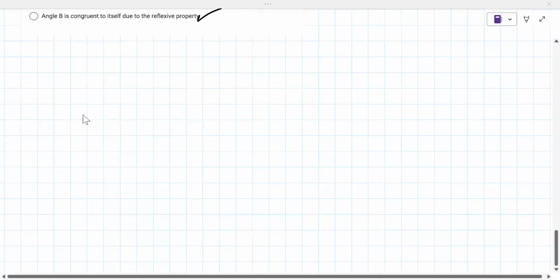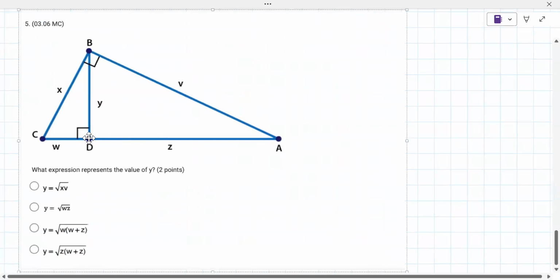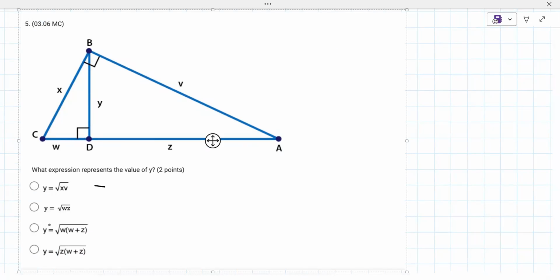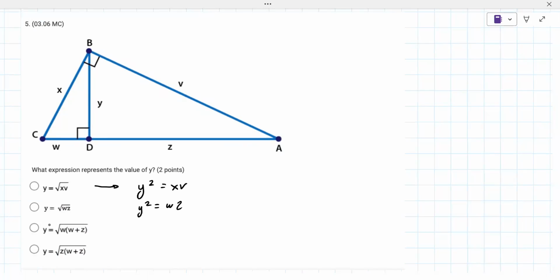So, all right. More generally, we're looking at the small triangle, the medium triangle, and the large triangle. One of the things I think could help here is that this is really y squared equals xv. This is y squared equals wz. This is y squared equals w times w plus z.